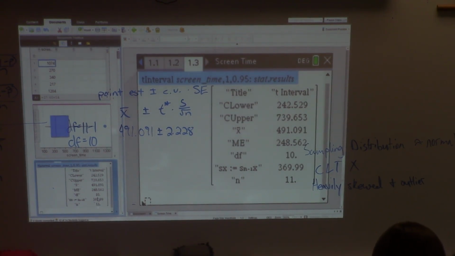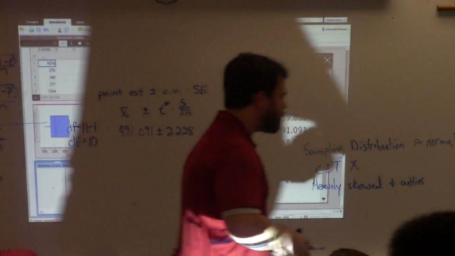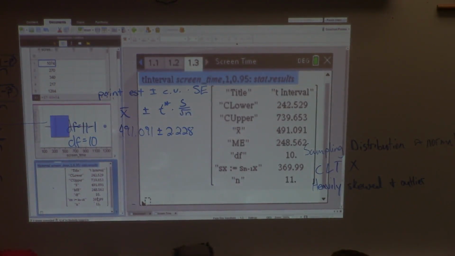Anyways, degrees of freedom then is 10. So you go to 10 degrees of freedom on that table, and you go to what confidence level on the table? You have a 95% confidence level.